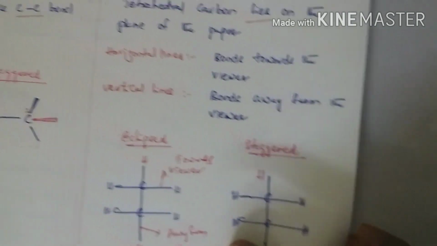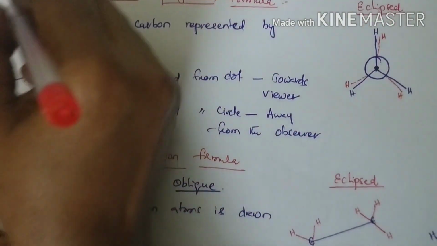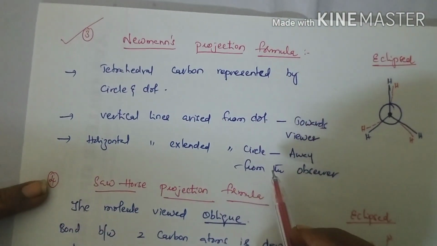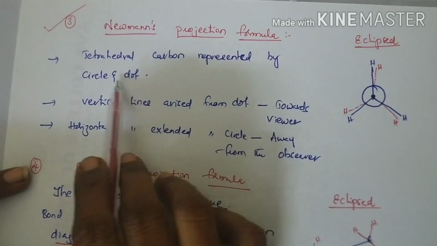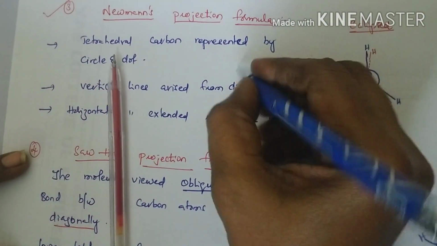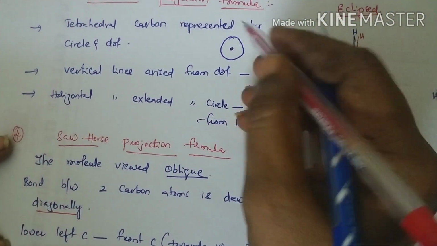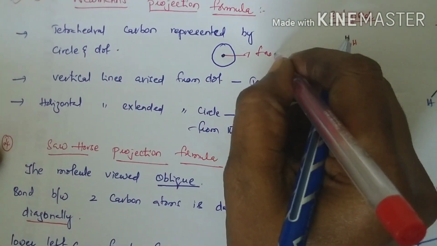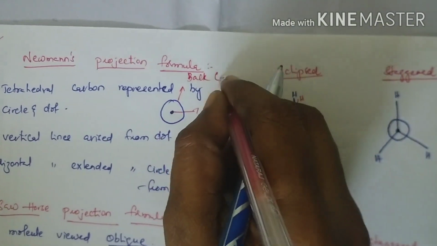Now coming to the third one, Newman's projection formula. Among the four types, the most important method is Newman's projection formula. In this method, the tetrahedral carbon is represented by a circle and a dot. Usually the dot is the front carbon and the circle is the back carbon, the rear carbon.